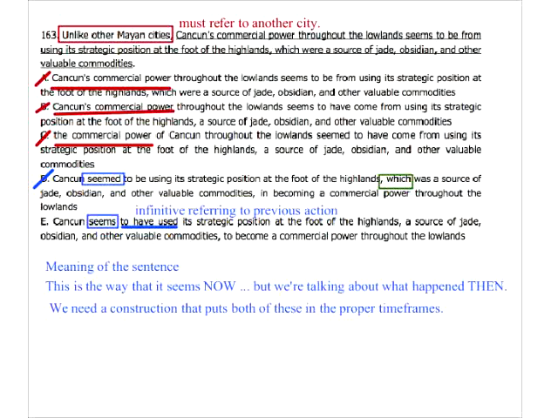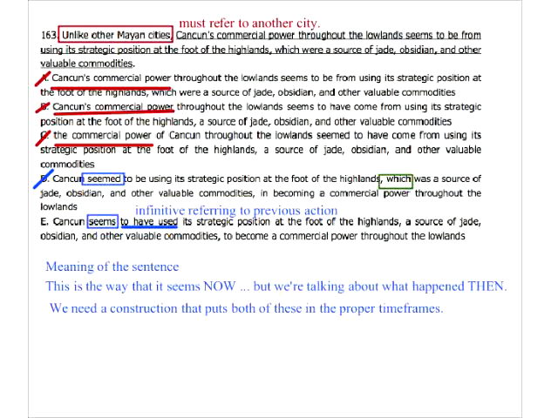Let's also talk about the "which" really quickly. What was a source of jade, obsidian, and other valuable commodities? Please tell me in the text box. Remember, all of this revolves around understanding the meaning of the sentence. So in context, what was the source of jade and obsidian and other commodities?